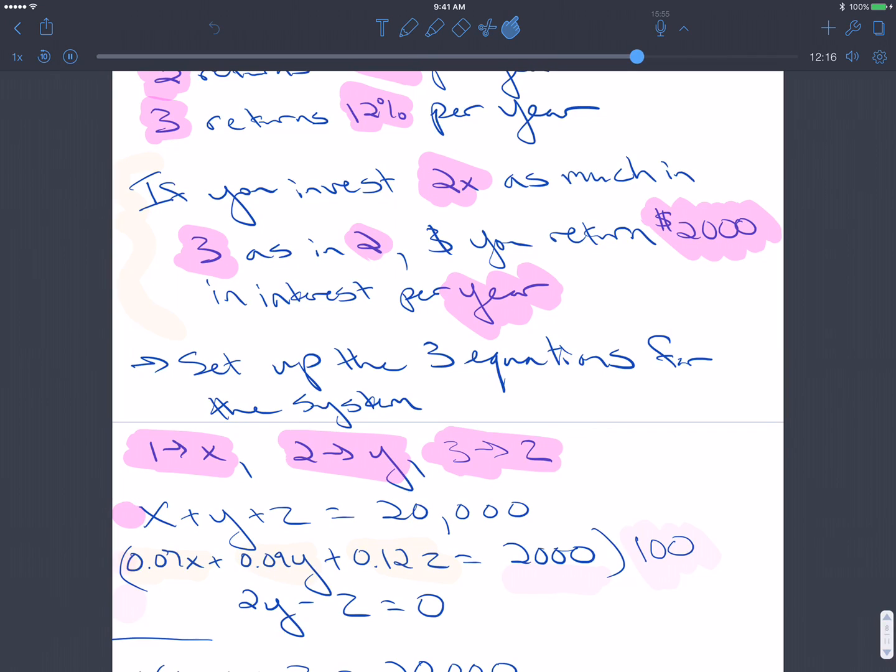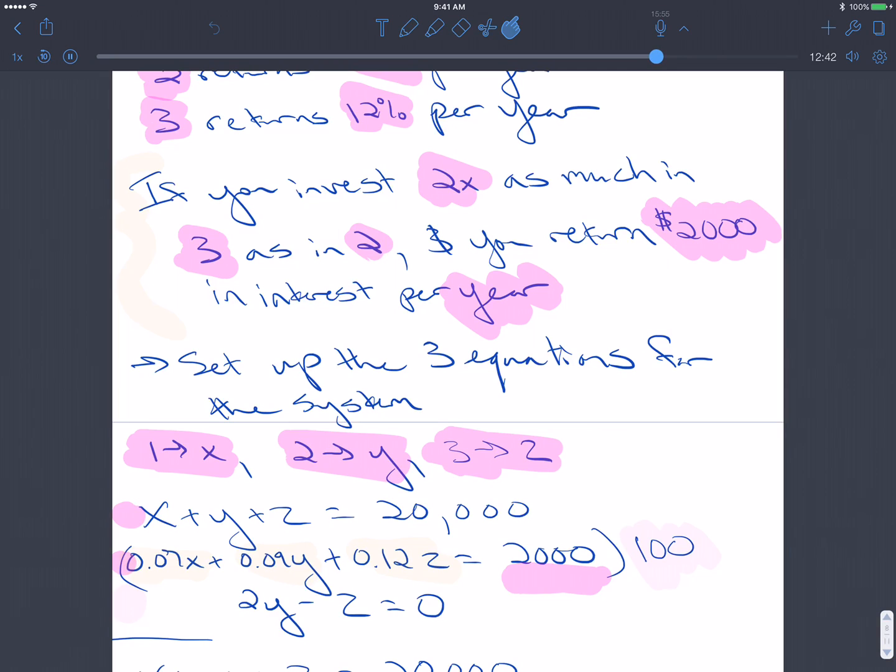And since t is 1 year, it's really just the percentage times the amount of money. So it's just going to be the percentage times the amount of money that you have. So then 0.07x plus 0.09y plus 0.12z is going to equal the quantity that I receive per year, which is $2,000 by the linear model. So that gives me that.